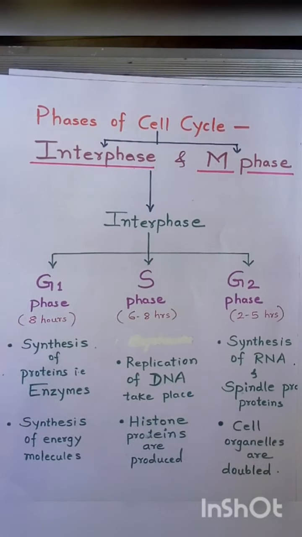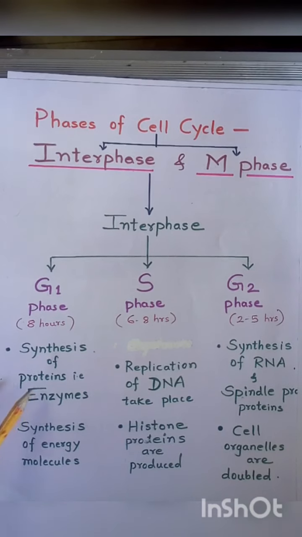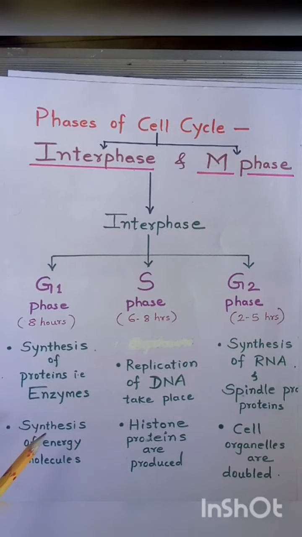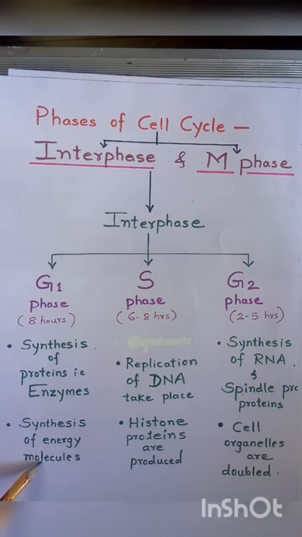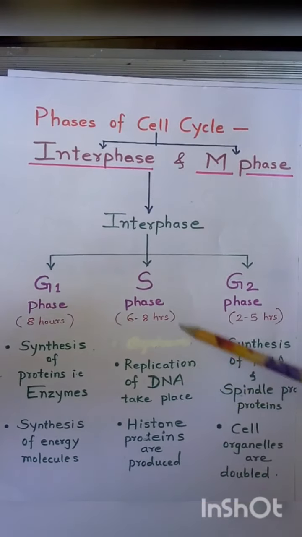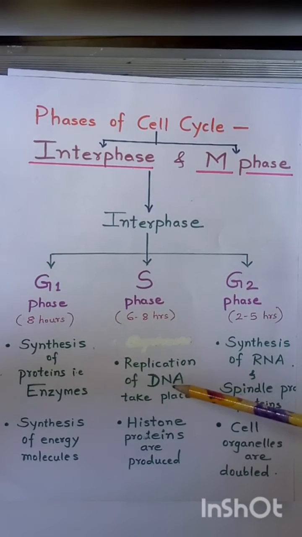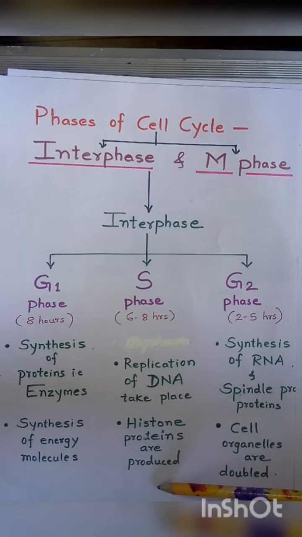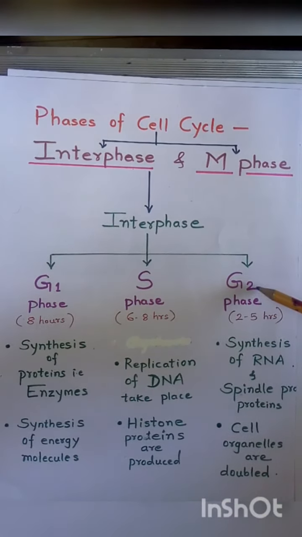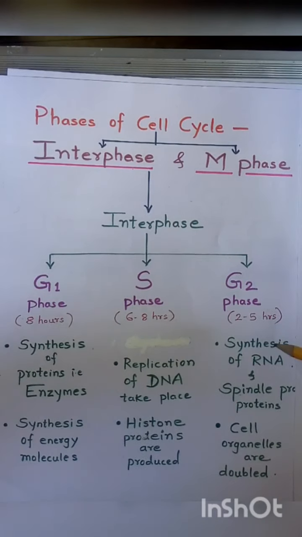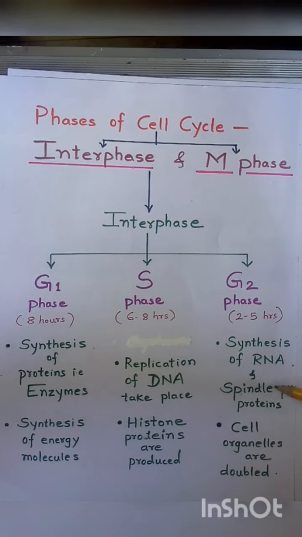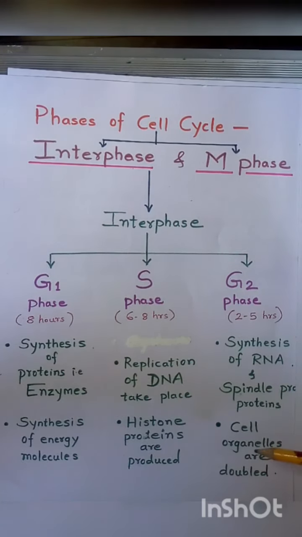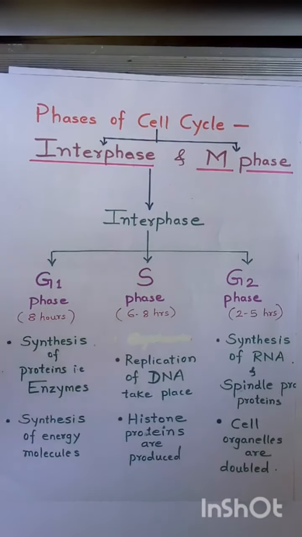In G1 phase, synthesis of proteins, that is enzymes, and energy molecules take place. Whereas in S phase, replication of DNA takes place and histone proteins are produced. Whereas in the G2 phase, synthesis of RNA and spindle protein take place, and the cell organelles are doubled or duplicated.